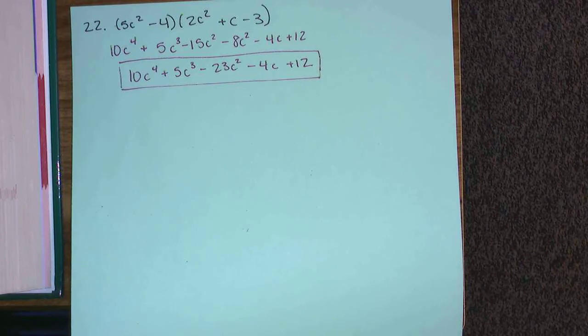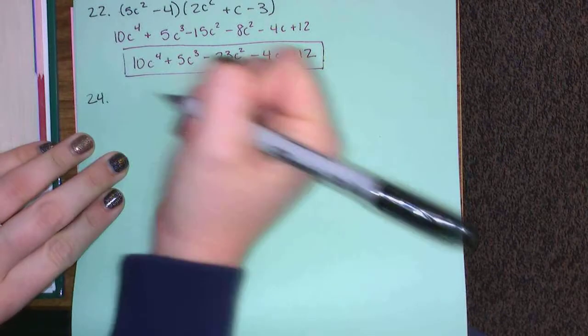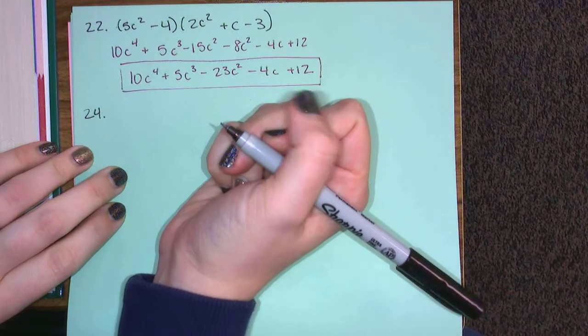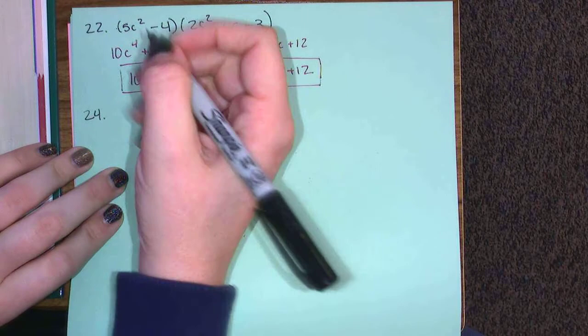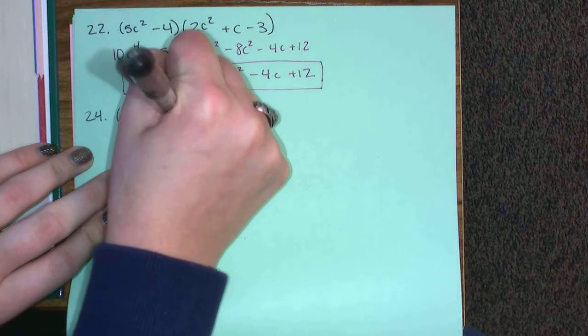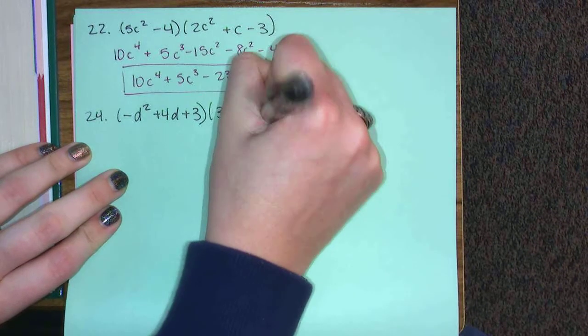Alright. Are y'all ready to super foil? 5c squared times c. Alright, 24, negative d squared plus 4d plus 3 times 3d squared minus 7d plus 6.